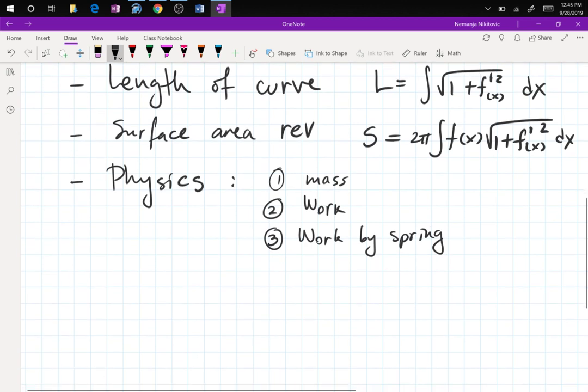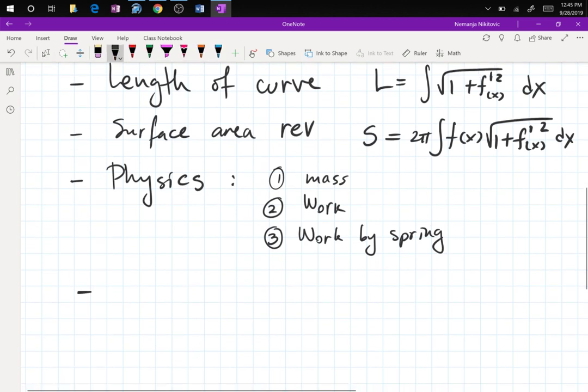That's good enough. Moving to chapter 7, you have your exponential and logarithmic integrals and derivatives. So derivative and integral.